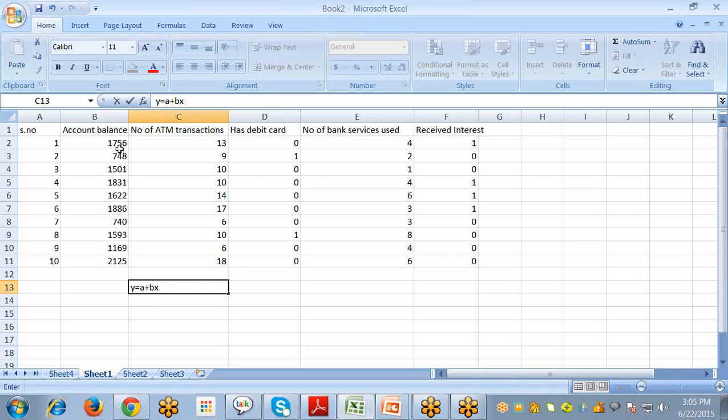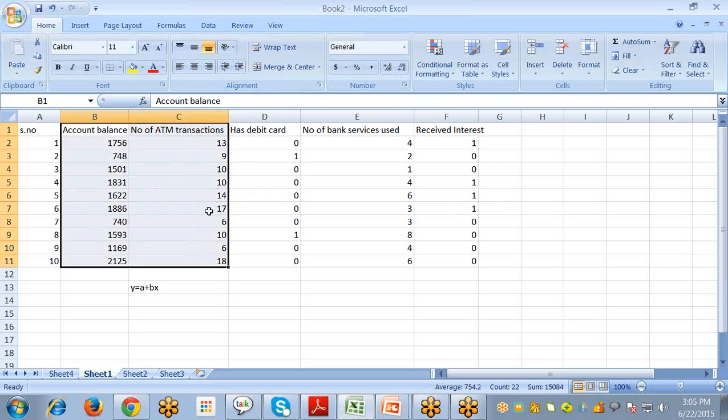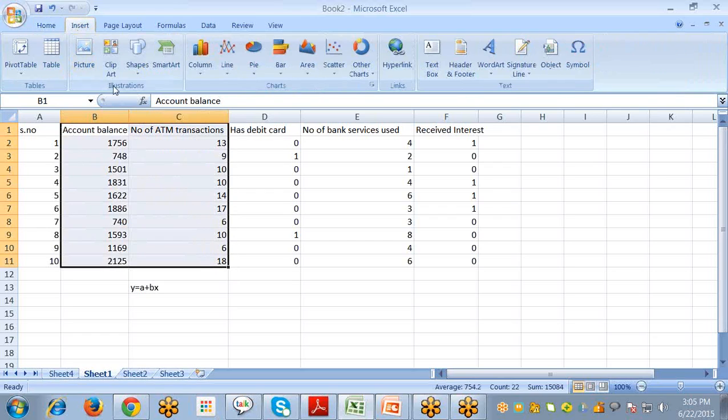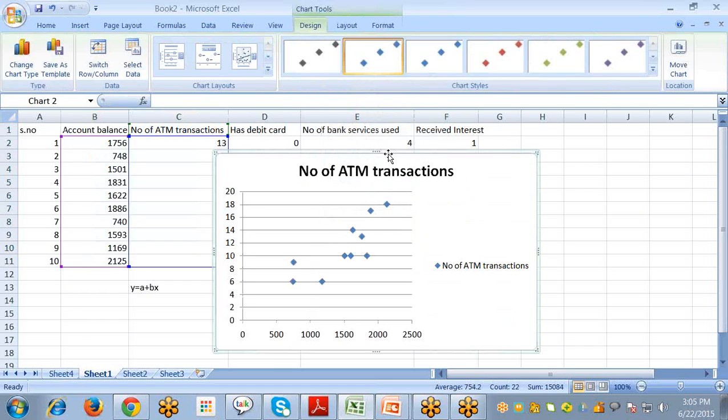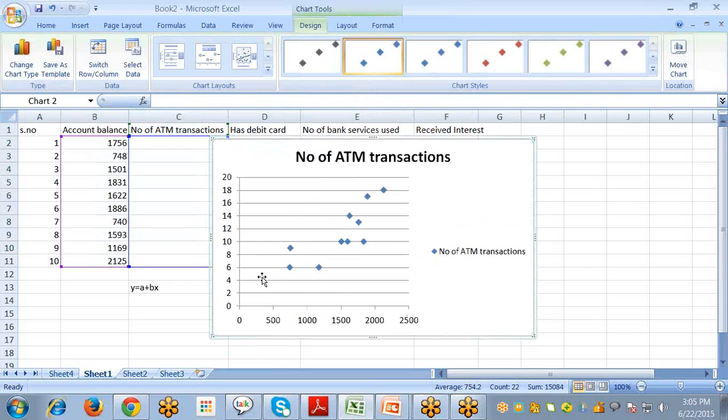Okay, so first we will see whether there is any relationship between account balance and number of ATM transactions using a chart. I select the columns from account balance to number of ATM transactions, then go to Insert, and from the scatter chart select the scatter. So this represents the relationship of account balance and number of ATM transactions.